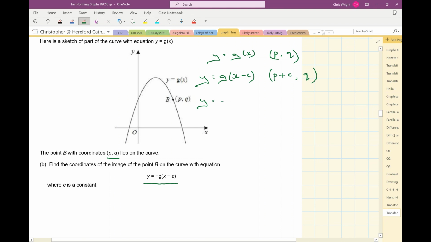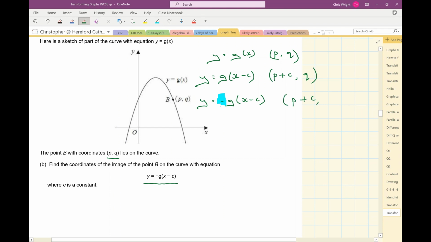Now let's look at the next change, shall we? Y equals minus g of x. So our function is being multiplied by minus 1, isn't it? That's happening outside the bracket, so it's going to affect the y-coordinate. The x-coordinate will remain unchanged.